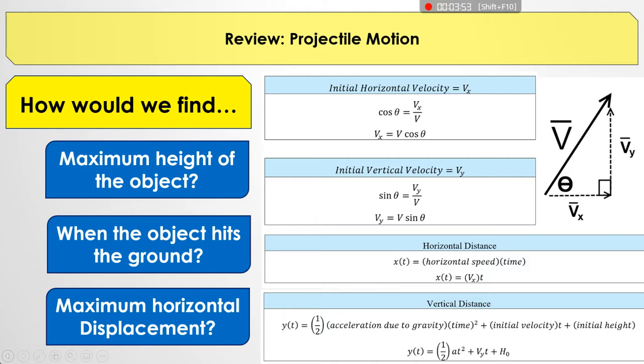So should I set my horizontal speed to 0 or vertical speed to 0? Vertical speed. Okay, vertical speed to 0, perfect. As long as our vertical speed is 0, we'll be at the top of our arc. And then once you've got that time, you can plug it back into your vertical distance, and that will tell you your maximum height. Okay, how do I figure out when the object hits the ground?